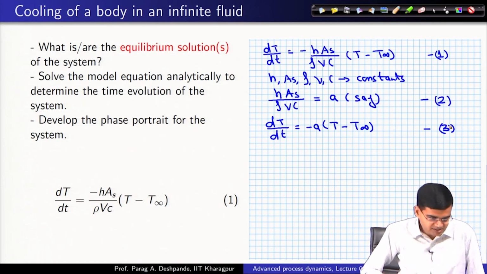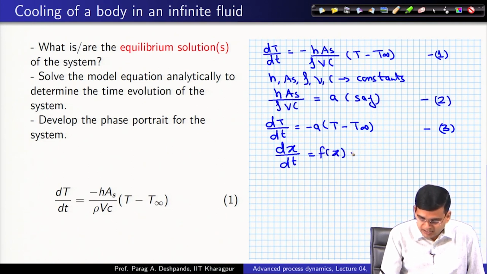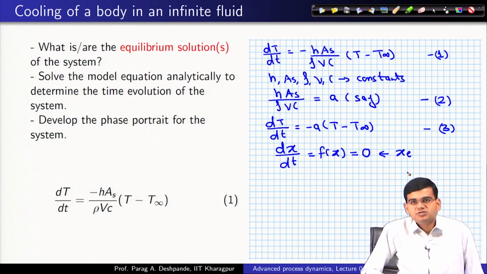So, my first question is what is or are the equilibrium solution or solutions of the system. In our previous case, we saw that dx by dt is equal to f of x. If this is the dynamical equation, then if I equate it with 0, then I get the equilibrium solutions x e as the solution of f of x is equal to 0.